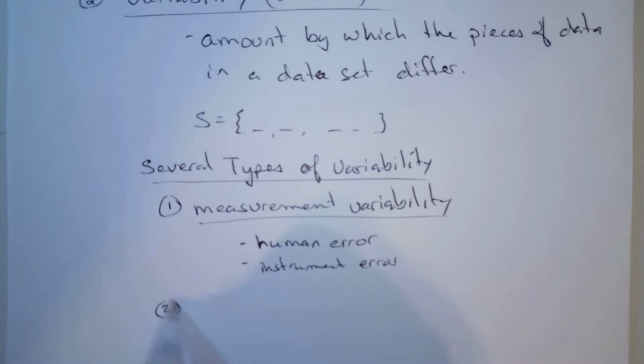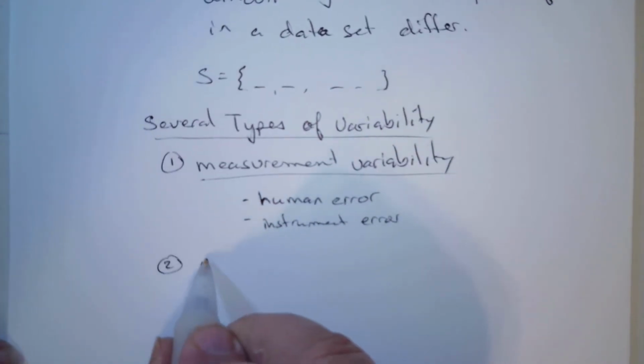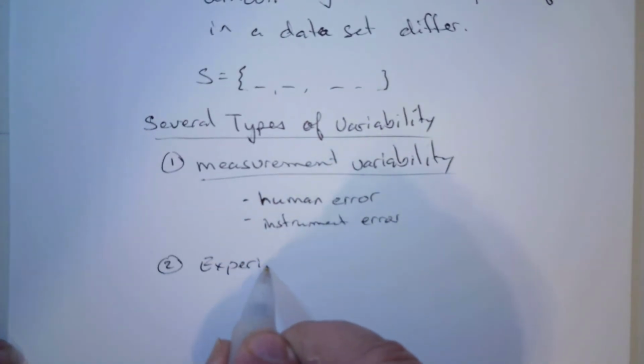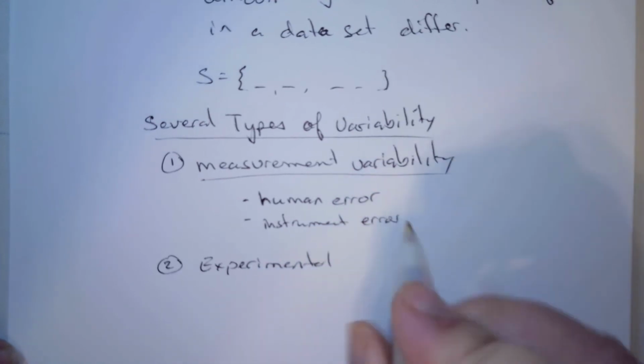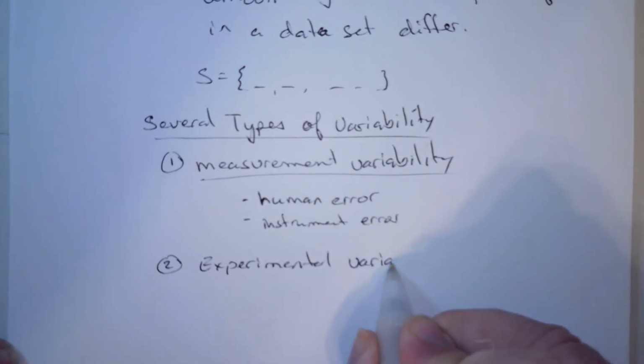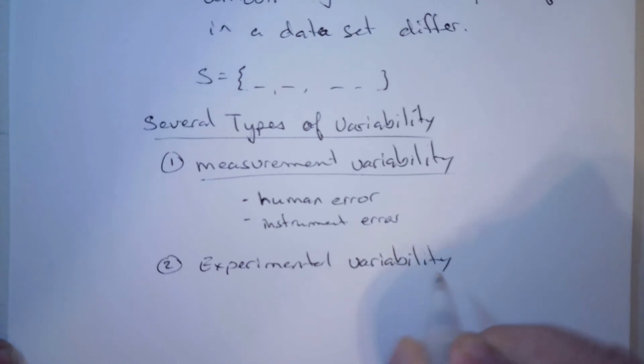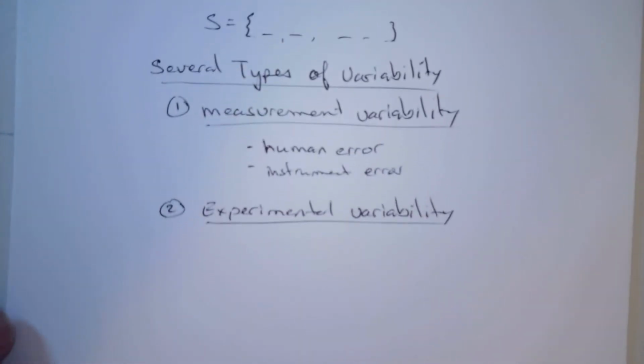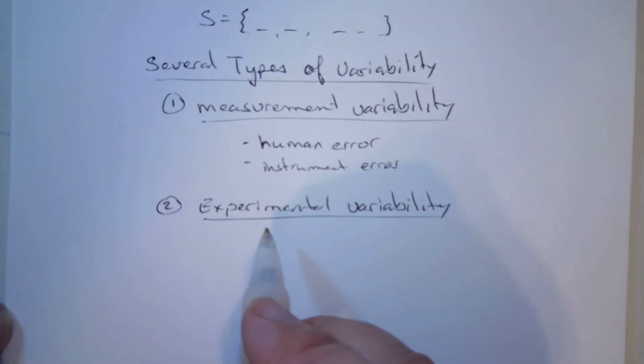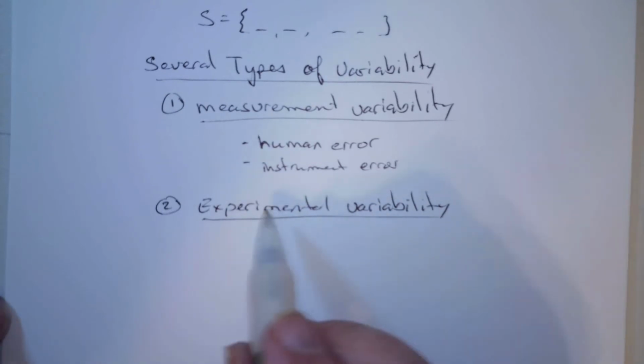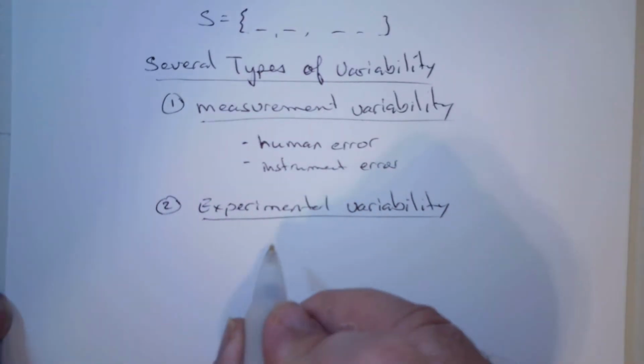The second type is called experimental variability. These are the changes that will happen inside an experiment.